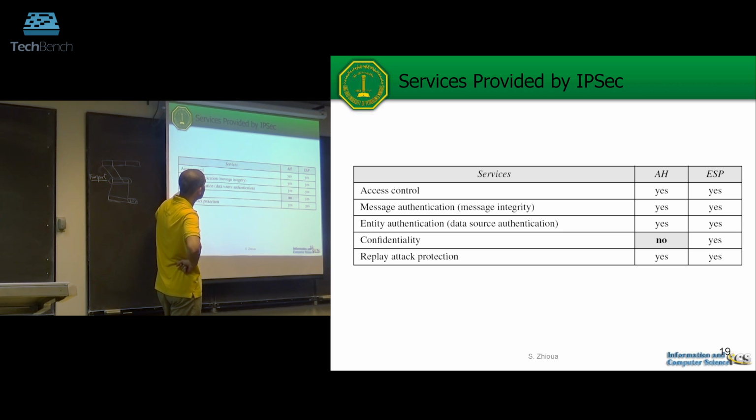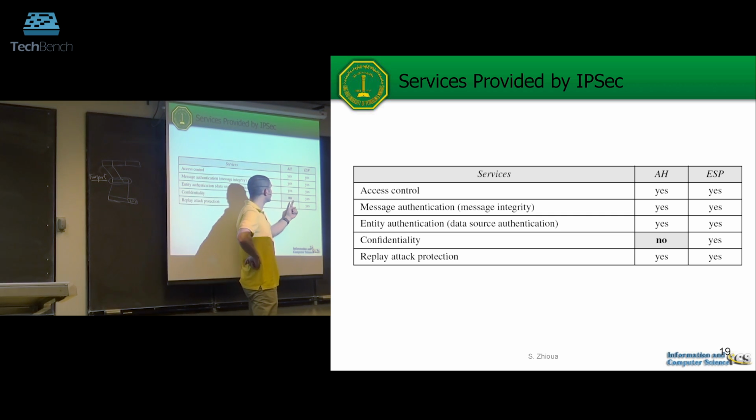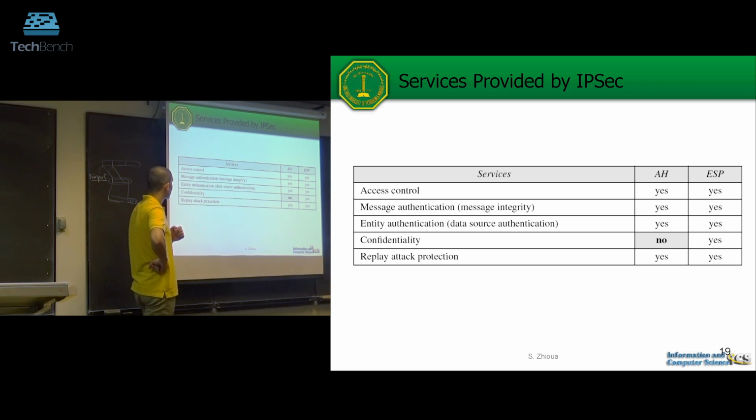Entity authentication. Basically, message authentication is integrity, and this is entity or identity authentication. You have confidentiality, and you see the only difference between AH and ESP is that AH does not support confidentiality. And also, IPsec protects against replay attack.